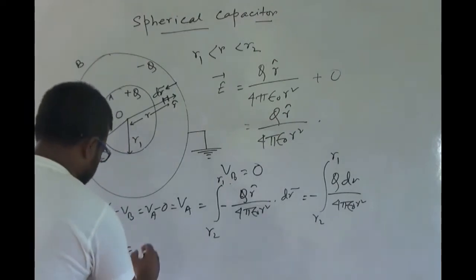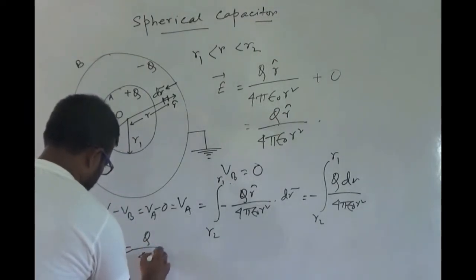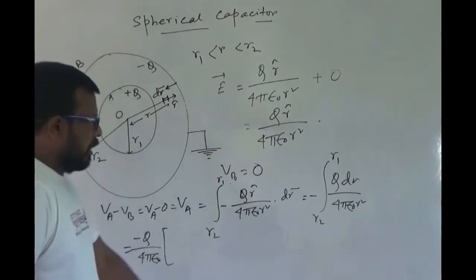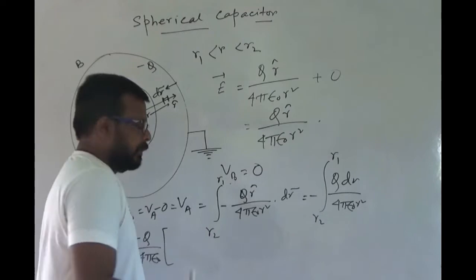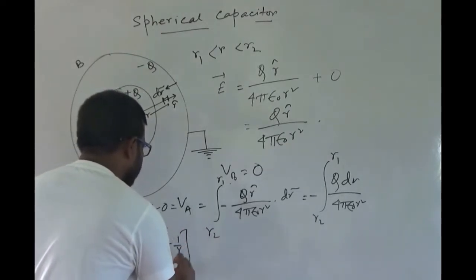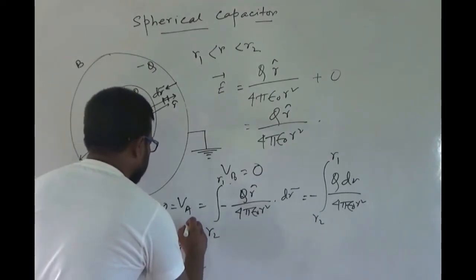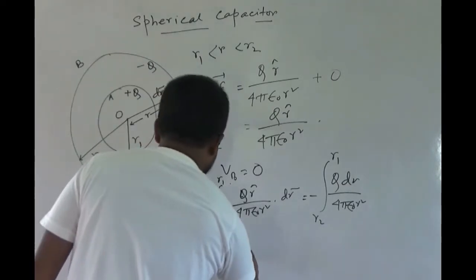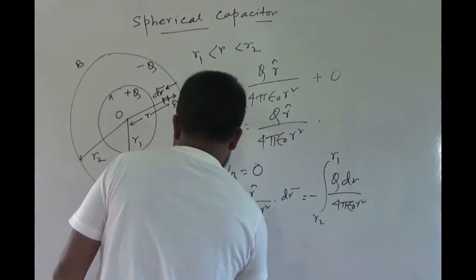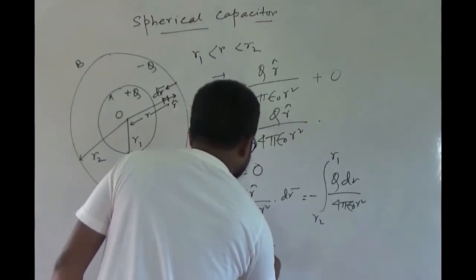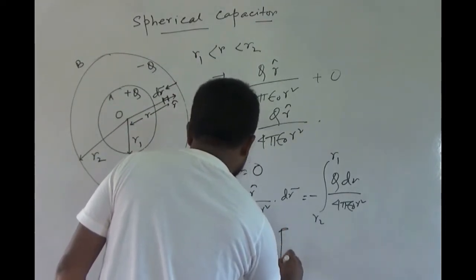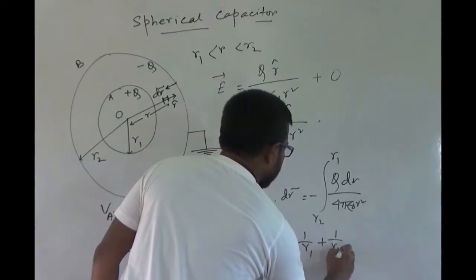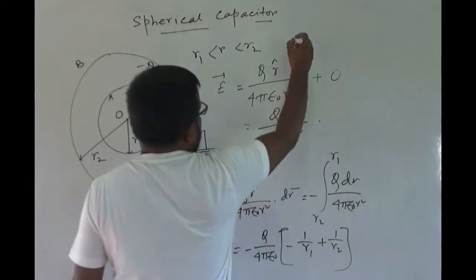Or you can write q by 4 pi epsilon naught into minus 1 by r, since integration dr by r square is minus 1 by r, and put the limit r2 to r1, or q by 4 pi epsilon naught into minus 1 by r1 plus 1 by r2.